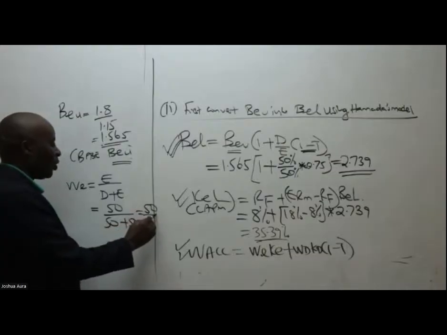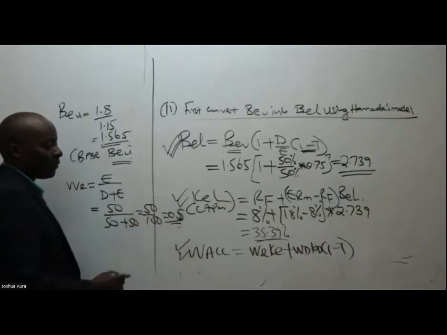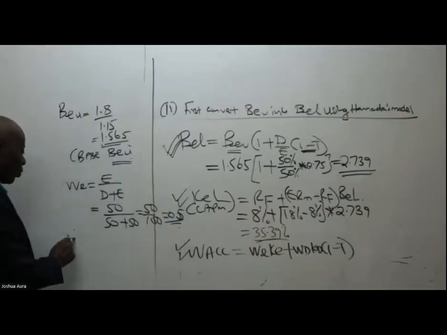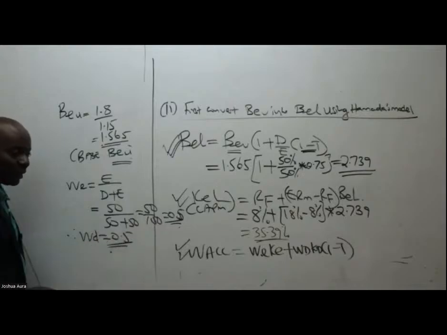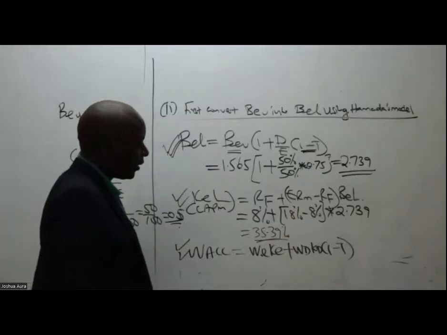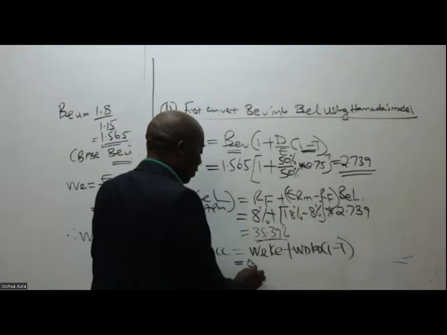So this will be 50 over 100, which is 0.5. And then the moment I've gotten weight of equity, therefore, weight of debt will also be 0.5. Thank you so much. So the weight of equity, ladies and gentlemen, here is 0.5.